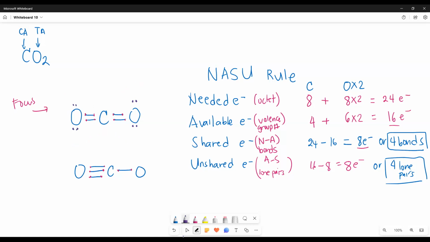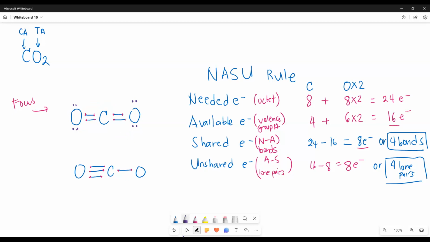The 4 lone pairs are used up. Let's count if we need more for the carbon. Does it follow the octet? Yes, it's an octet, so there's no need for more lone pairs. So this is the structure of CO2, and we're done with this.